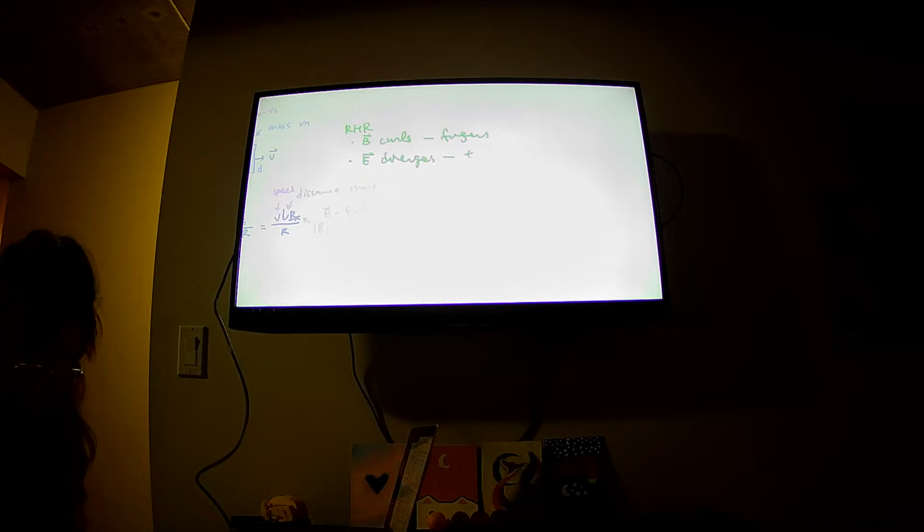The current outside, through this resistance, is going counterclockwise, but inside the conductor it's really going this way. Your palm is your force.